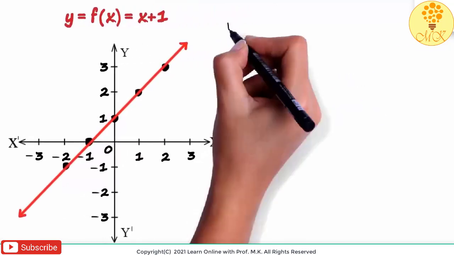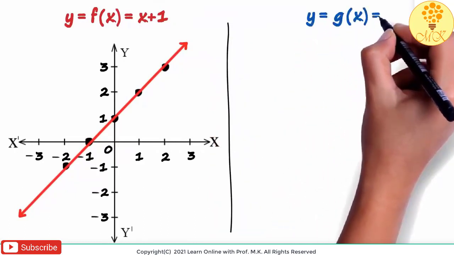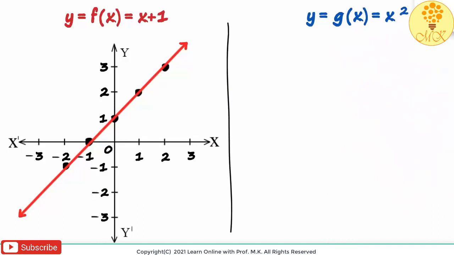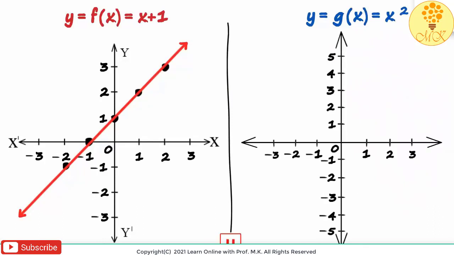What if the degree isn't 1? Let's see. Plot the graph of the function y is equal to g of x is x squared. Try drawing it on the xy axis. What will be the value of y if x is 0? Square of 0 is 0 and hence y will also be 0.